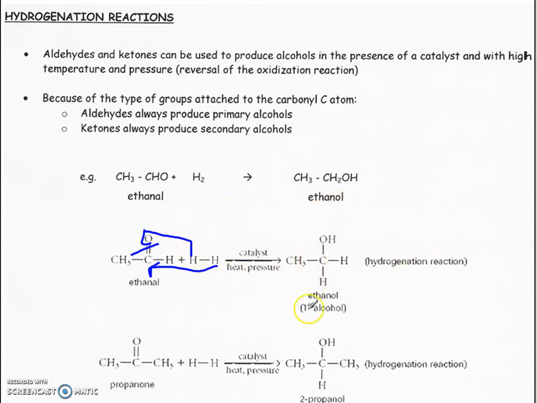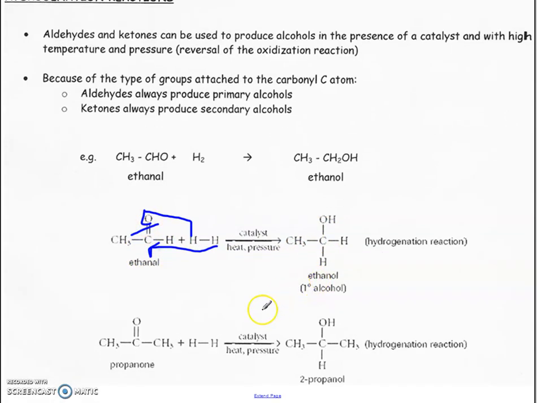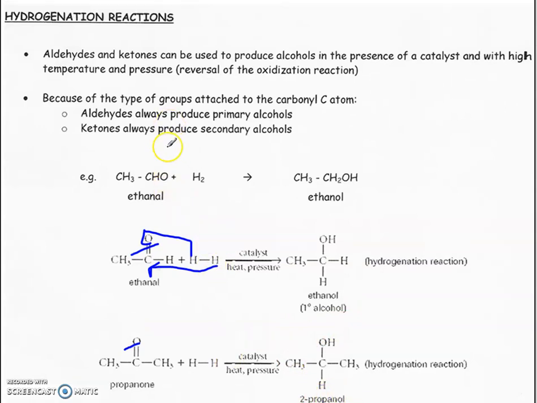Instead of our primary alcohol becoming an aldehyde, our aldehyde is becoming a primary alcohol. And of course, if you have a ketone, you're again breaking this double bond. One hydrogen will go to the O, one will go to the C, and you end up with a secondary alcohol. So it's pretty much the exact reverse. But it is still hydrogenation: you're breaking a double bond and adding in hydrogens.